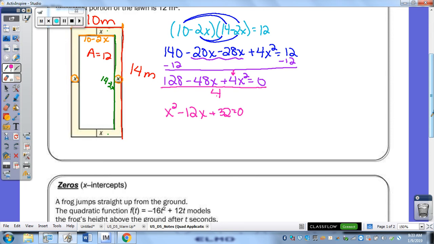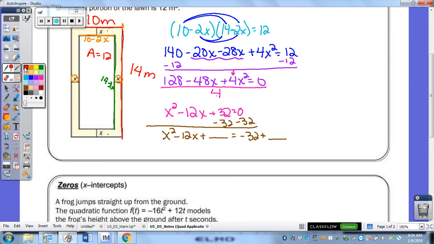To do completing the square, I'm going to move that 32 over. Put our spaces in there. So remember, to get that number that goes in the space, you're going to take half of this value here. So half of 12 is 6.